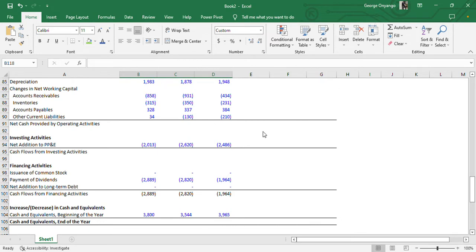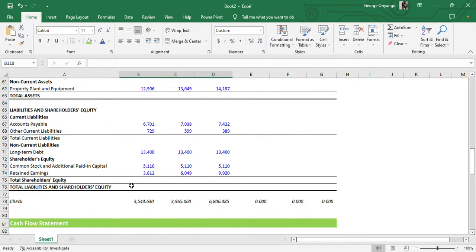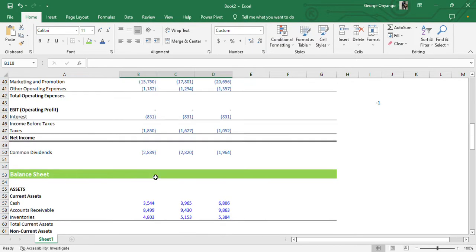Today I'm gonna take you through another way of handling three financial statements, that is income statement, balance sheet and cash flow statement. And I'm going to use the information which has been provided by the auditor's report.